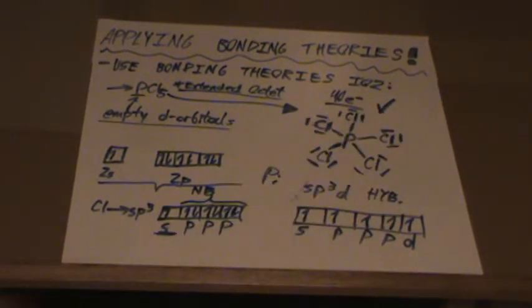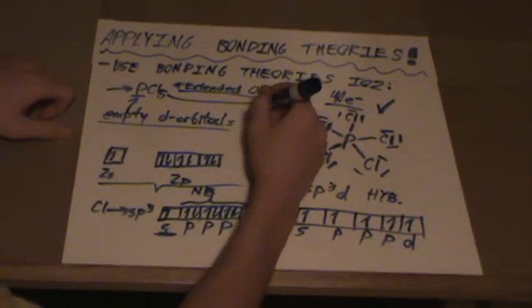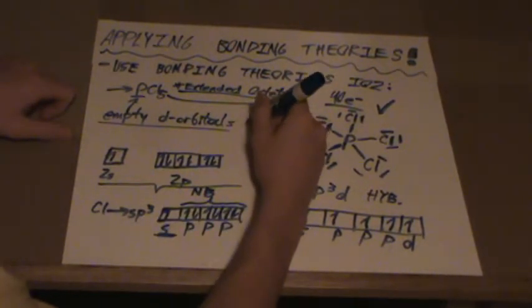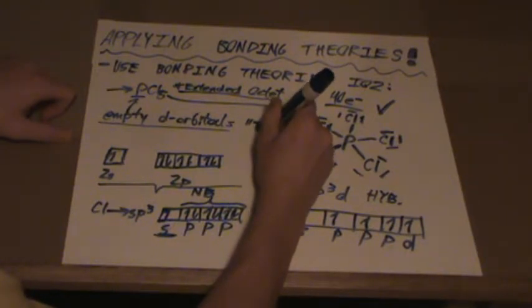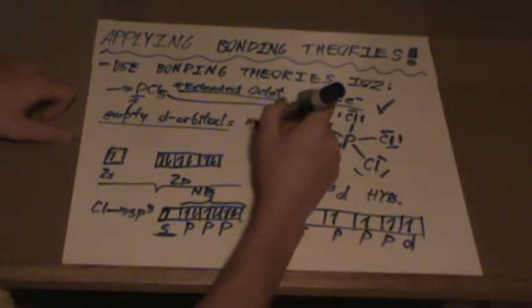Okay, check marks. And so this molecular geometry would be called trigonal bipyramidal. I'm not going to say trigonal planar; I've written that enough times.